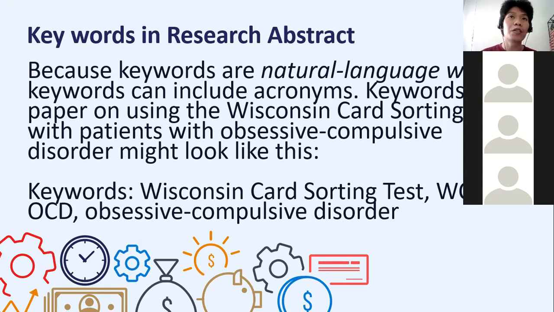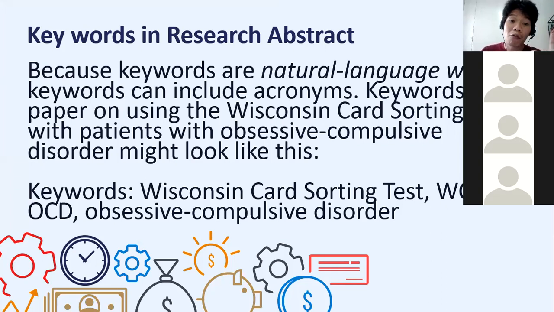In keywords, just think about a social media post. Some social media posts include hashtags. So for example, when you search for something in social media, all the hashtags that are related to the words that you typed or encoded will be shown on the screen.